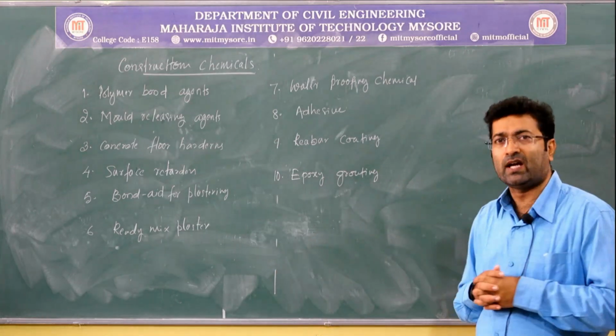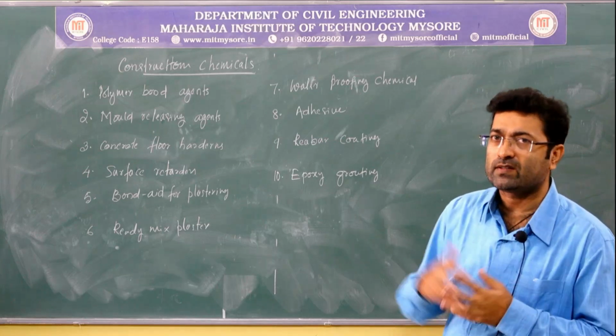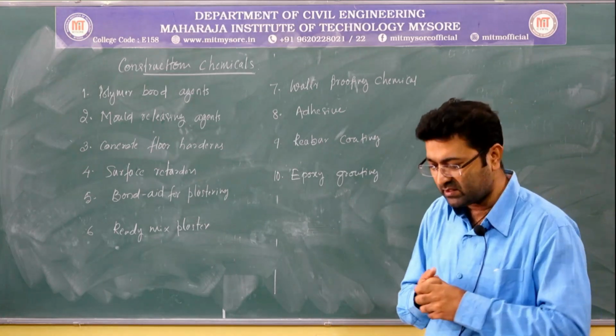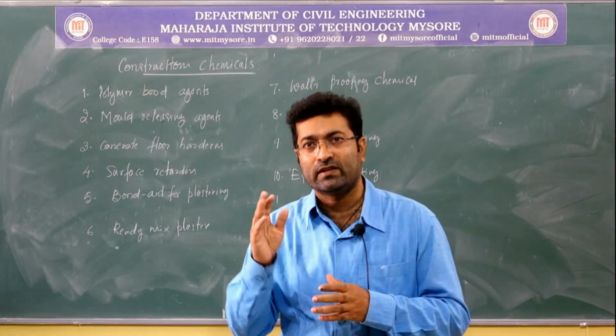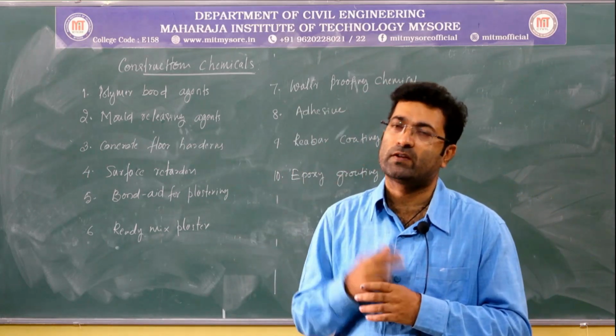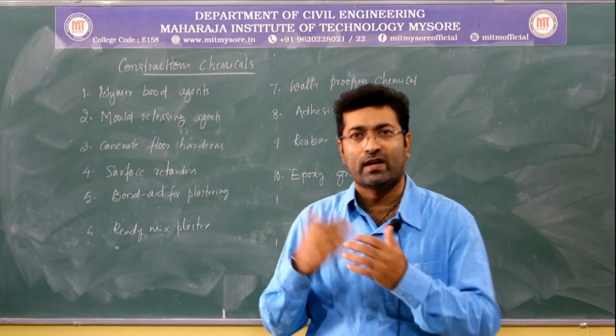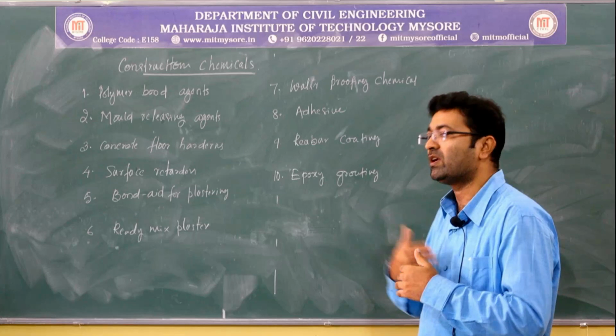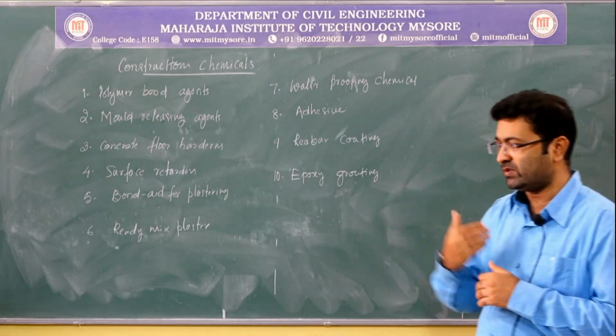So if you see any dampness or percolation of water, then we can apply this waterproofing chemical. It has to be done on the outside and inside as well, so that we can avoid the movement of water from outside to inside.